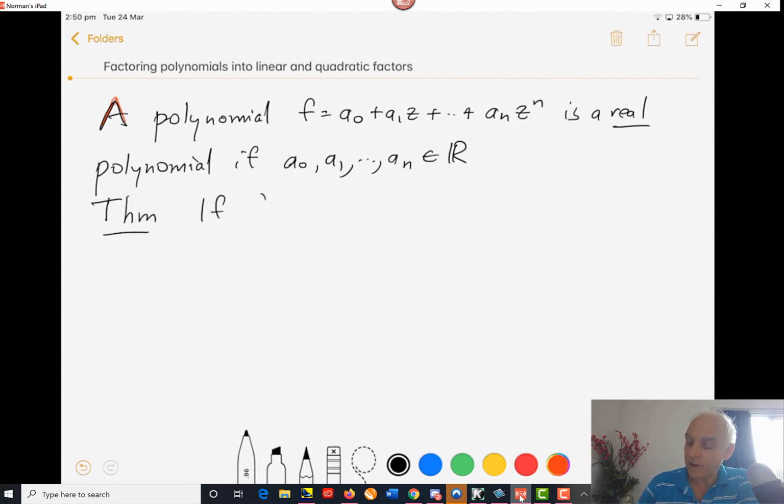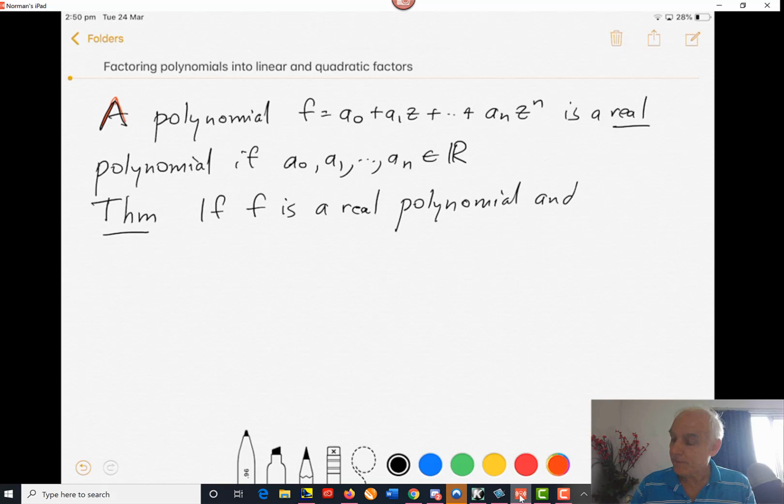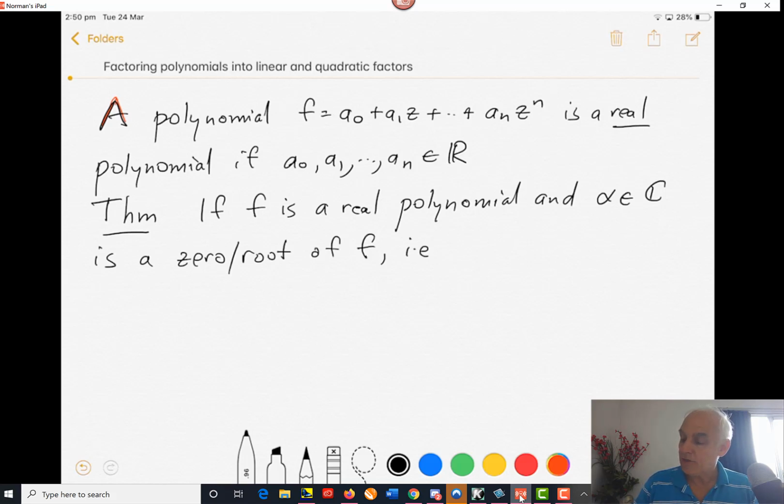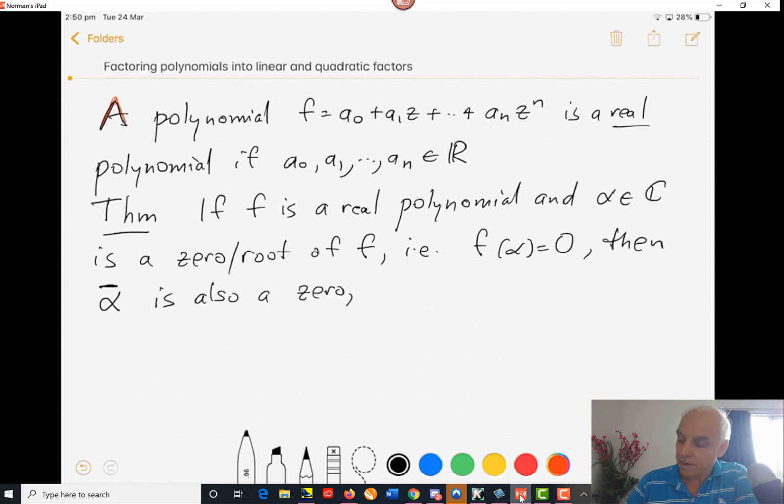If f is a real polynomial, and alpha, a complex number, is a zero or root of f, I remind you, that means that f of alpha equals 0, then the complex conjugate of alpha, alpha bar, is also a zero. That is, f of alpha bar also equals 0.